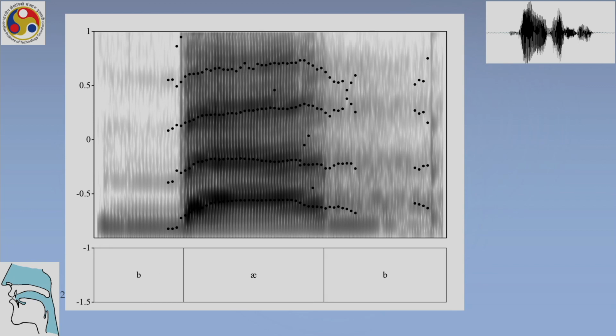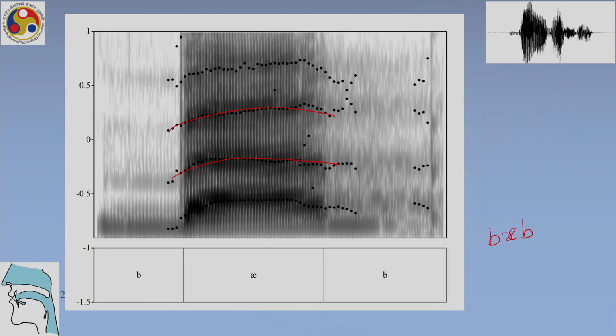So, this is a word that was produced by me, Bab. Look at F2 and look at F3.